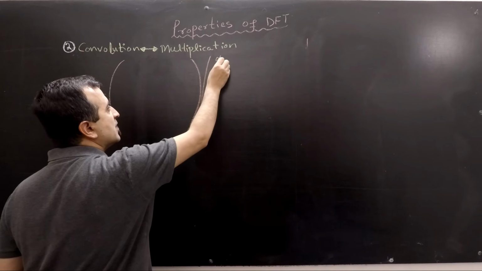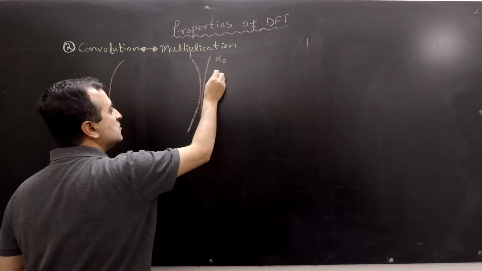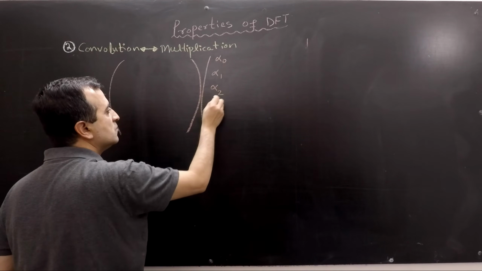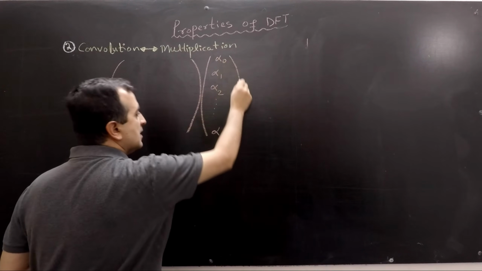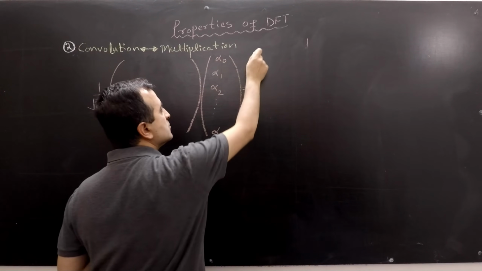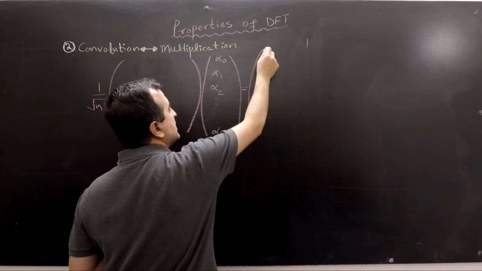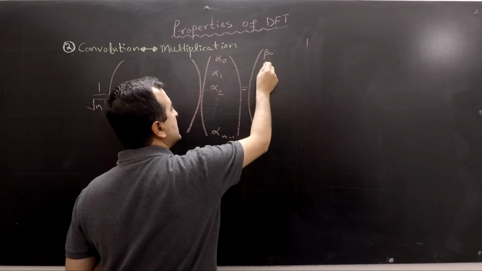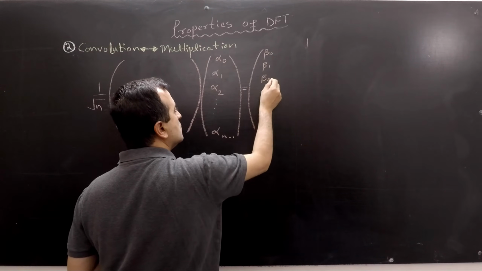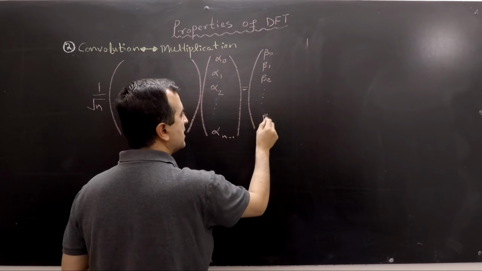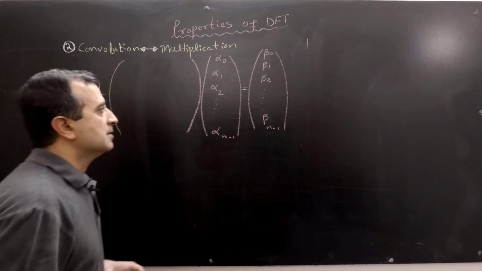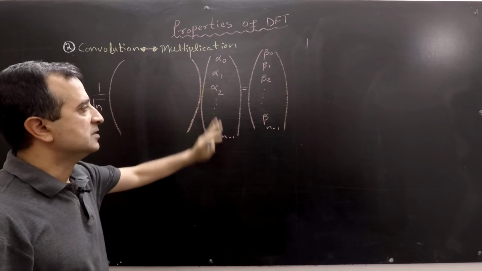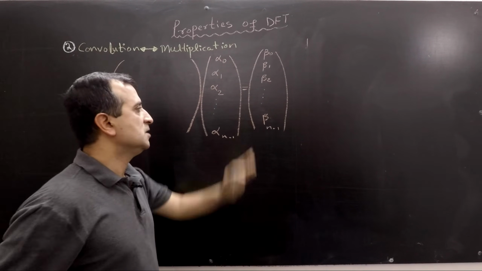So my input vector is alpha 0, alpha 1, alpha 2, up to alpha n minus 1, and my output will be equal to beta 0, beta 1, beta 2 to beta n minus 1. Obviously, my input vector is in superposition and my output vector is also in superposition.